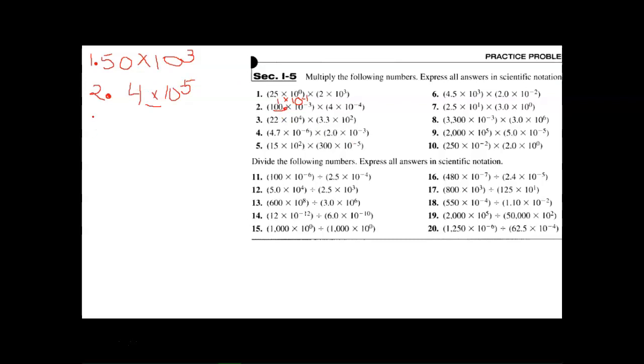So for number 3, I have 22 times 10 to the fourth multiplied by 3.3 times 10 to the second. So one way I could do this is go ahead and multiply these out. And I believe I'd get 72.6, excuse me.